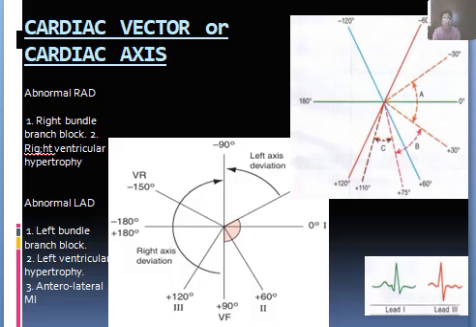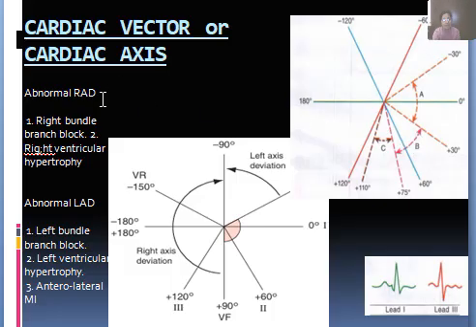The normal axis is from -30 degrees to 110 degrees, and if the calculated axis falls outside this range, it is abnormal: left or right axis deviation.